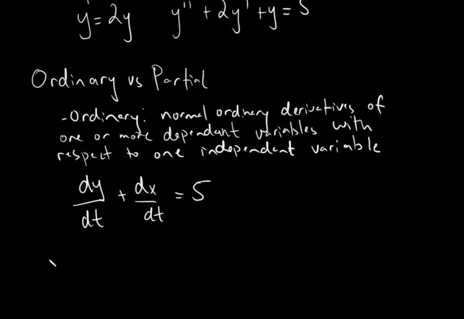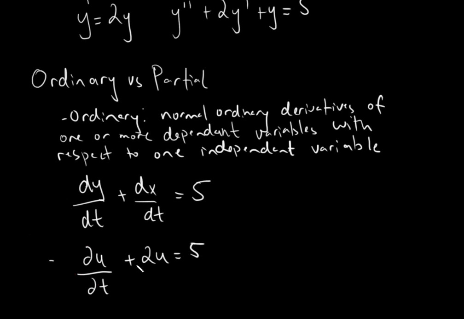Now, for a partial differential equation, you have to know what partial derivatives are to know the distinction between an ordinary versus partial derivative. So maybe you haven't done a course on partial derivatives yet. If you haven't, you can just ignore this section of the video. But if you have, you'll know what I'm talking about. So let's say I have du by dt plus 2u is equal to 5.